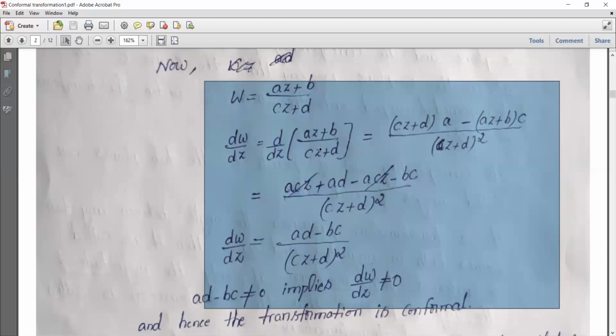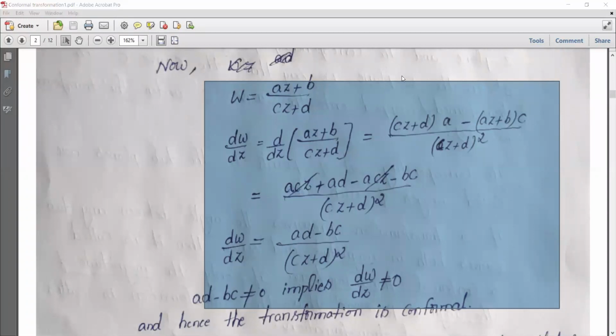That formula is v du minus u dv by v square. So v is cz plus d. Differentiation of numerator, that is coefficient of z, a, minus denominator derivative, that is c into numerator az plus b, by denominator square, cz plus d whole square. And then simplifying the numerator, we get dw by dz is equal to ad minus bc by cz plus d whole square. So by the definition of bilinear transformation, we have ad minus bc is not equal to 0.